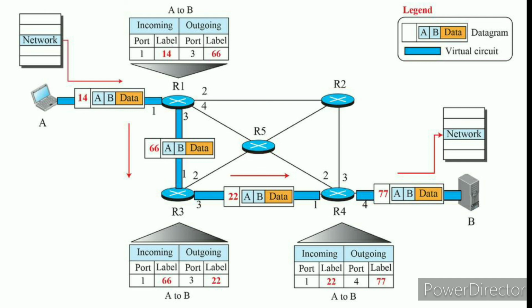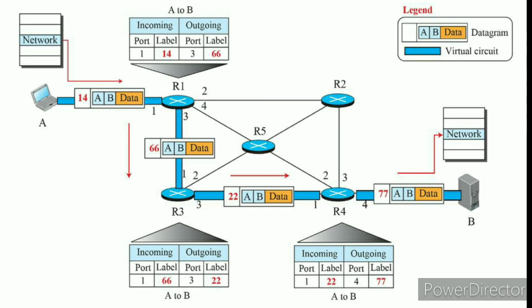Now router R4 will check whenever a packet arrives on port 1 with the label 22, it sends the packet through port 4. It will assign a label again, called 77. That is how the data will be transferred between the source and the destination.